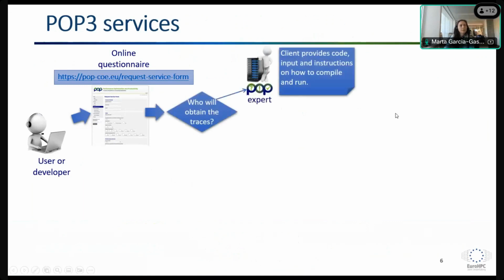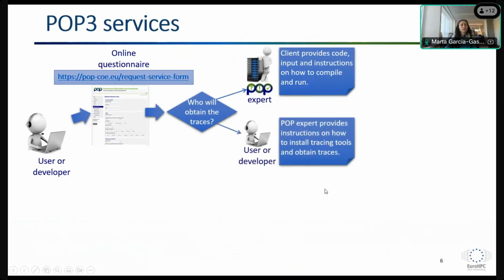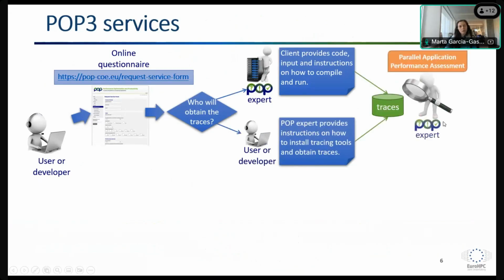The answer can be that they want the assessment to be done in one of the EuroHPC systems that POP has access to, and then it will be the POP expert in charge of getting those traces. Or they can say that they want to get the traces in their own cluster. And from there, anyway, we get some traces that one of our analysts will analyze.